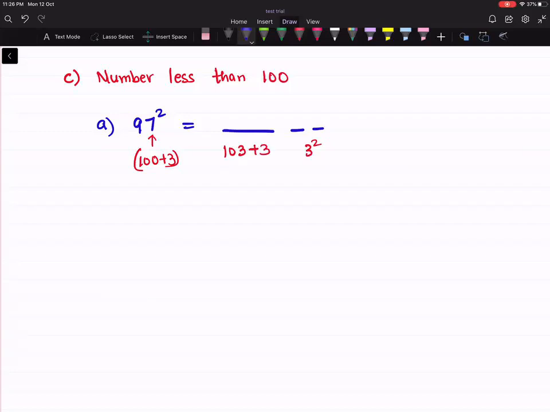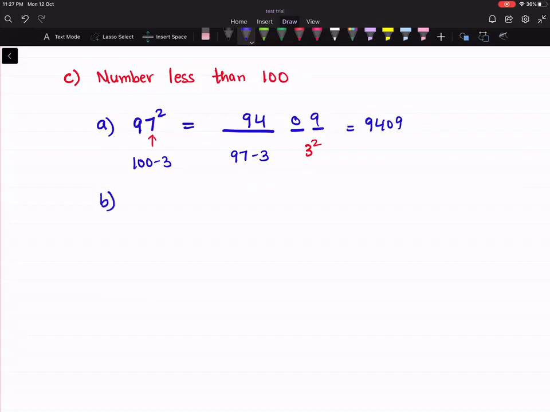So my answer is 10609, right? Oops, sorry. This is 100 minus 3. So this thing is 97 minus 3. And my answer is 9409. Okay, let's take one more number.